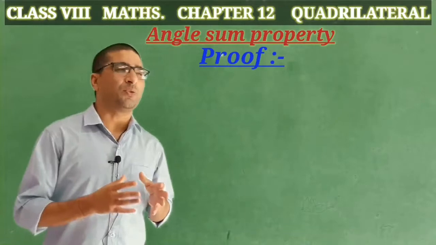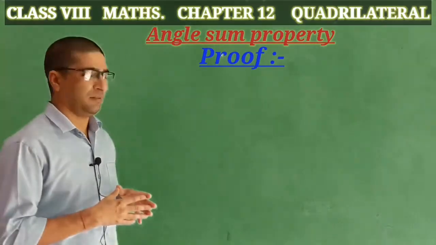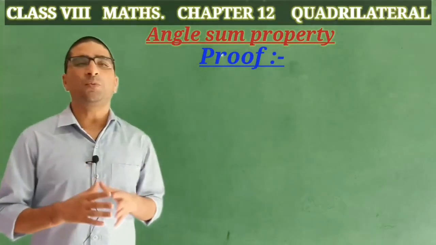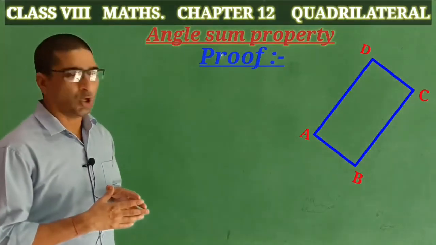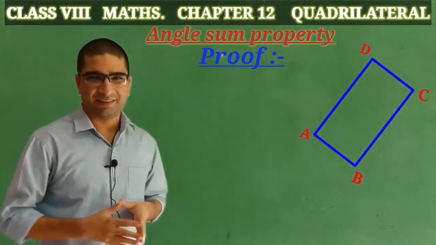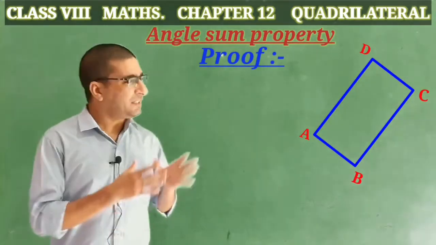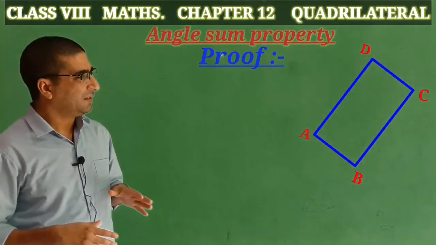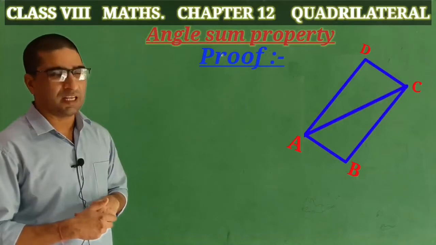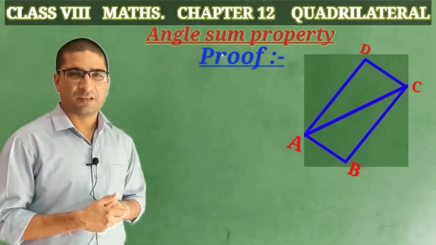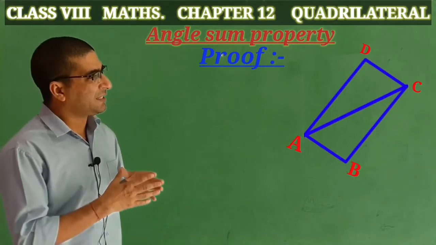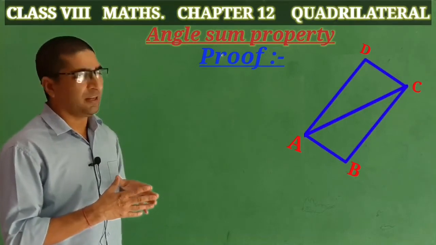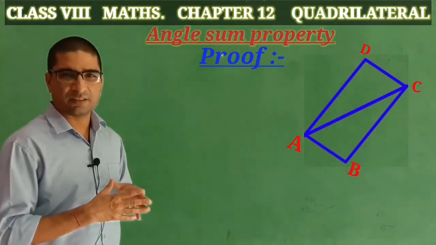The proof of this theorem is really simple. We can prove the theorem just by drawing a diagonal on the quadrilateral ABCD. Here in this quadrilateral ABCD, we have drawn the diagonal AC. Now you can observe that the diagonal divides the quadrilateral into two triangles.